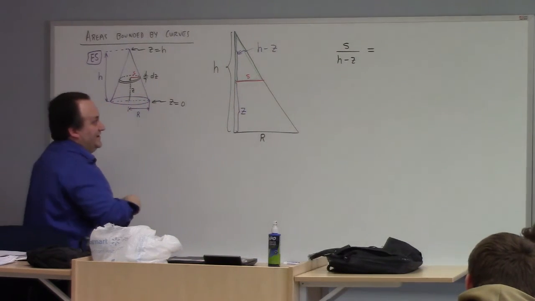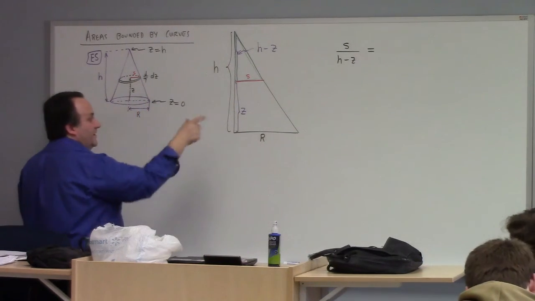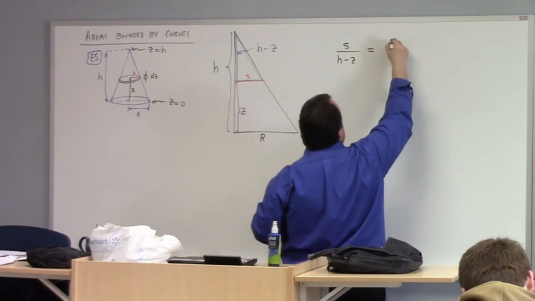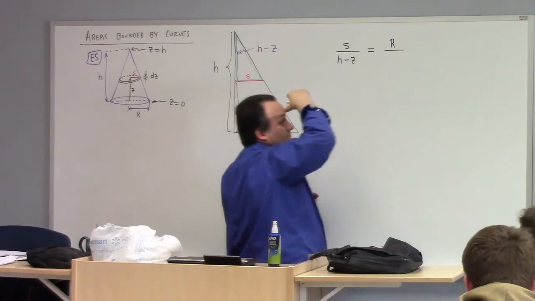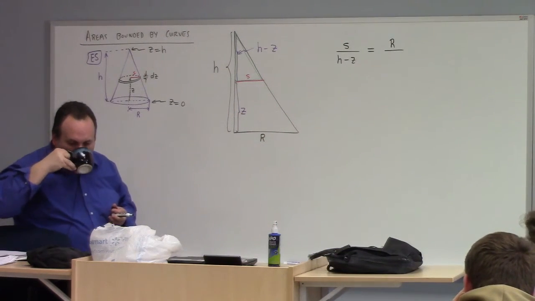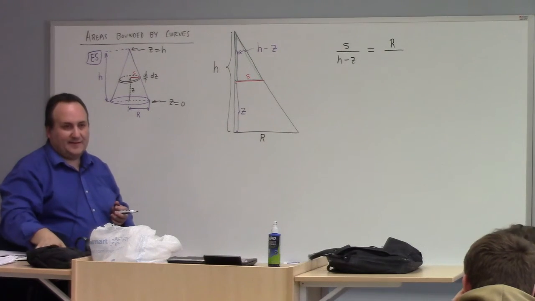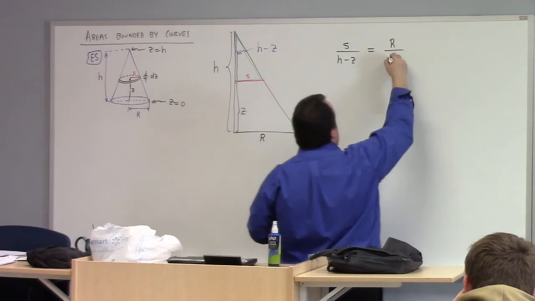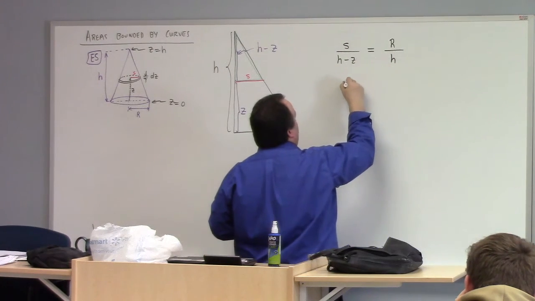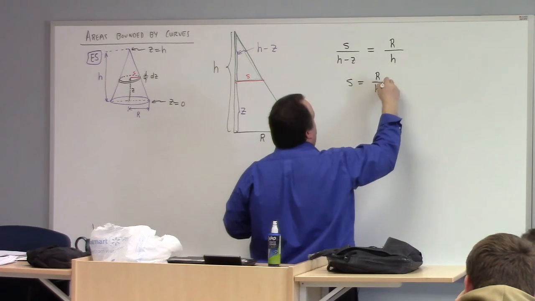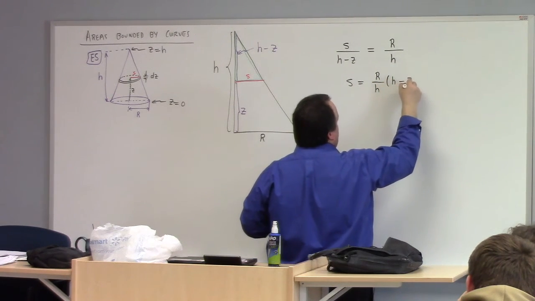So S divided by H minus Z should be equal to R divided by what? H. Very good. So we can solve this, and we've got our formula. S is equal to R divided by H times H minus Z.